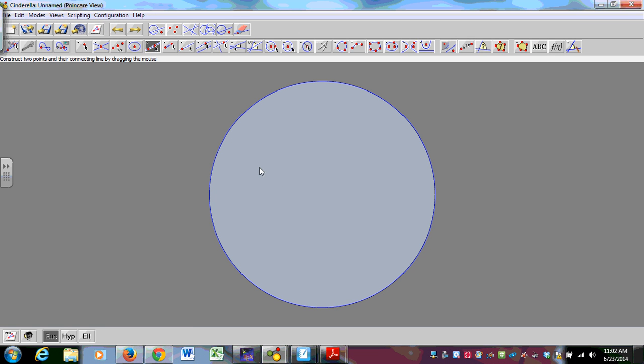Got two lines, and they are going to be asymptotically parallel. Take a line segment. We're going to use this as the mirror and reflect D. Going to use this as the mirror and reflect E. I get a segment GK.